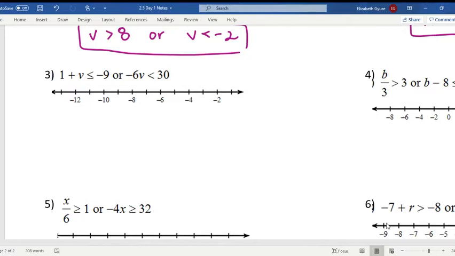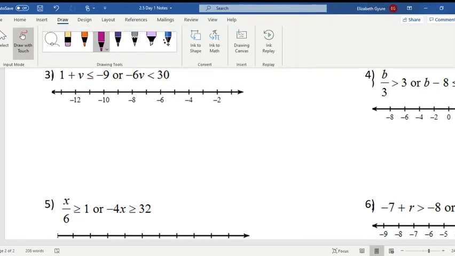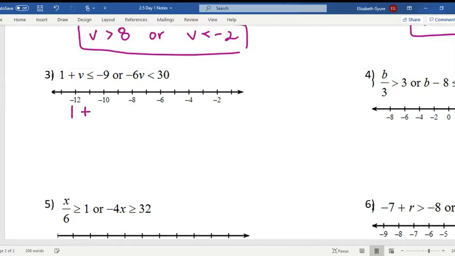So we got number 3 now. We have 1 plus v is less than or equal to negative 9, or negative 6v is greater than 30. So look at the left.